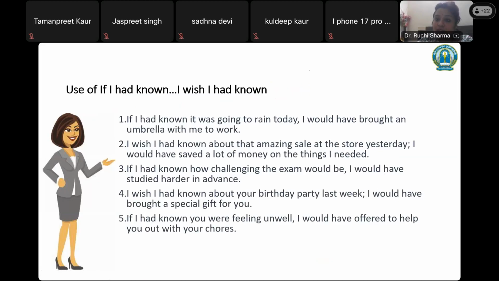Can anybody quickly tell me? Good afternoon, Charan. Can you tell me, had is used in which tense? Present perfect continuous. Perfect is fine, but in which tense? Present, past, or future?